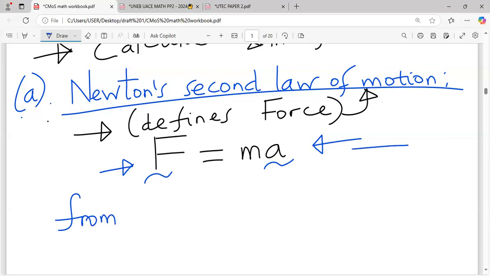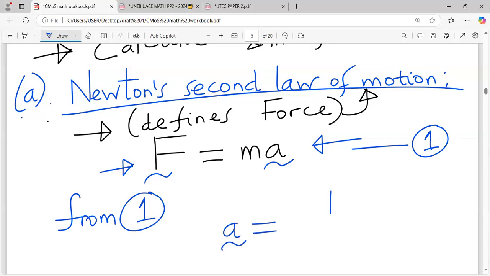I can call this equation 1. So literally you can see that from equation 1, acceleration can be obtained by getting the force divided by the m. Yes, something like that.